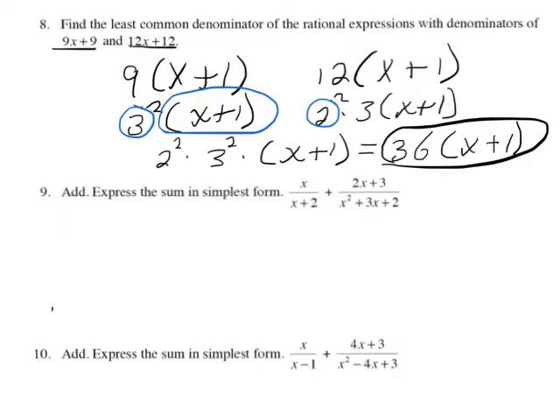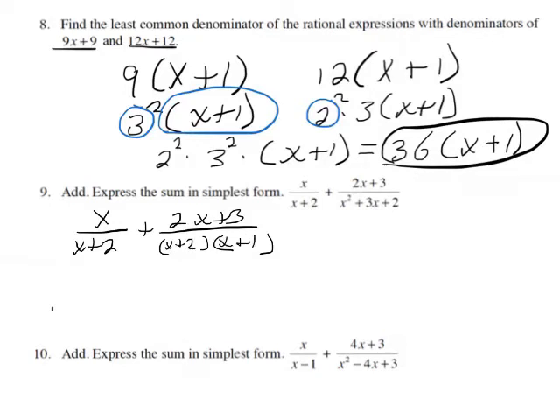So let's go ahead and do that. We're going to take x over x plus 2, plus 2x plus 3 over, and that's going to factor into x plus 2 times x plus 1. Now I need to find my common denominator. To find my common denominator, I need the most of each factor.